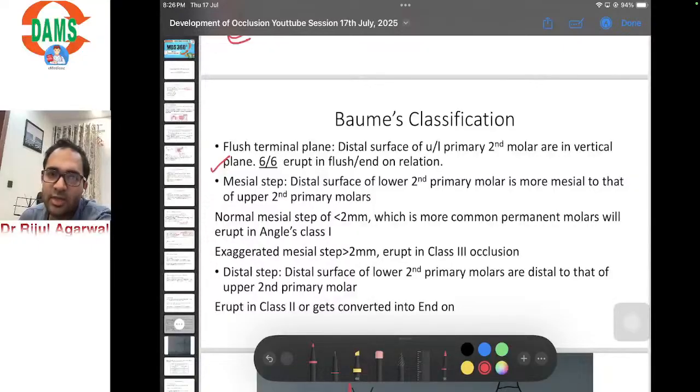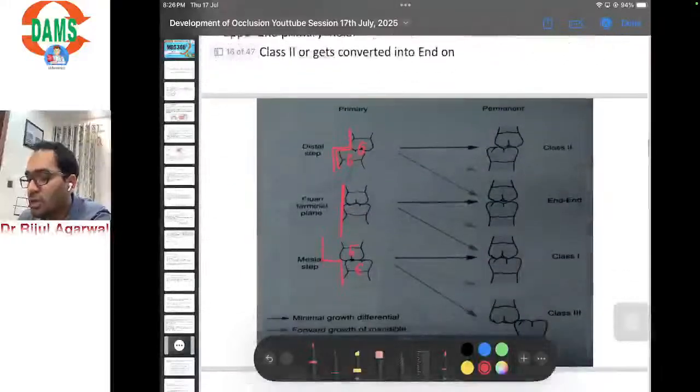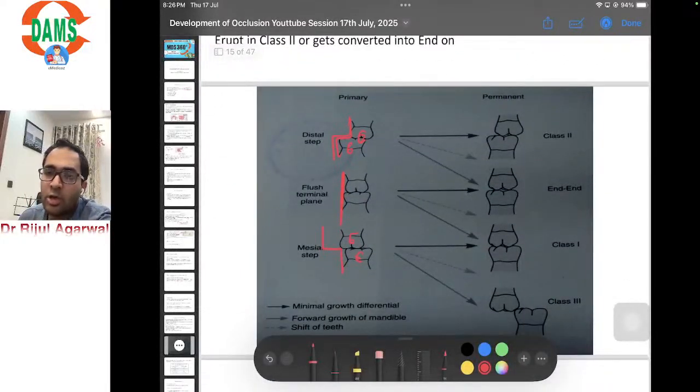But that's why it's so easy, the examiner doesn't ask you this. What they are going to ask you is how the permanent teeth are going to erupt, and what in the end they can get converted into.